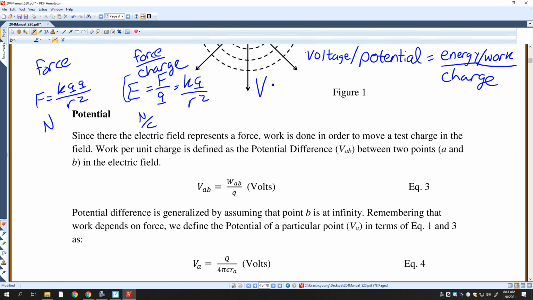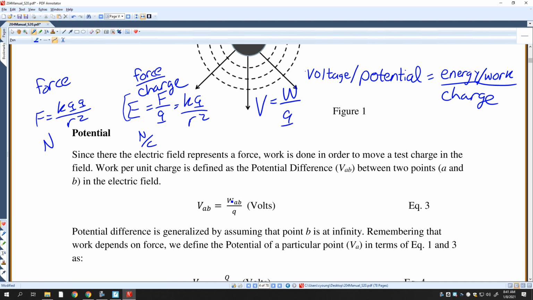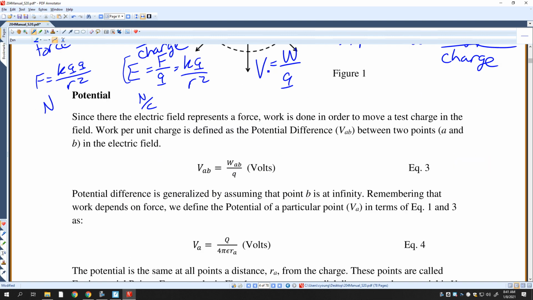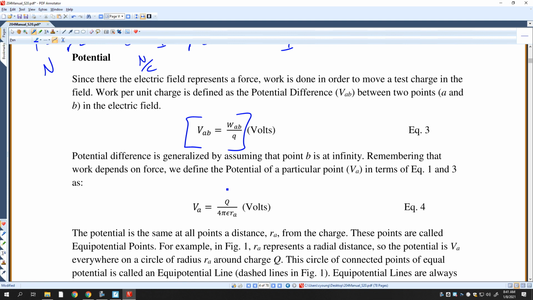And this voltage is equal to work divided by q, or energy divided by q, and it is the work as I move from one point to another, as I move from, say, point A to point B, as I move a charge from one point to another. That voltage, or that potential, is the quotient of W over q.